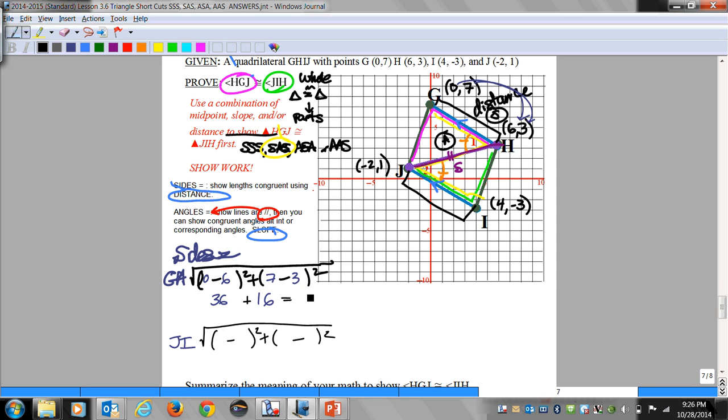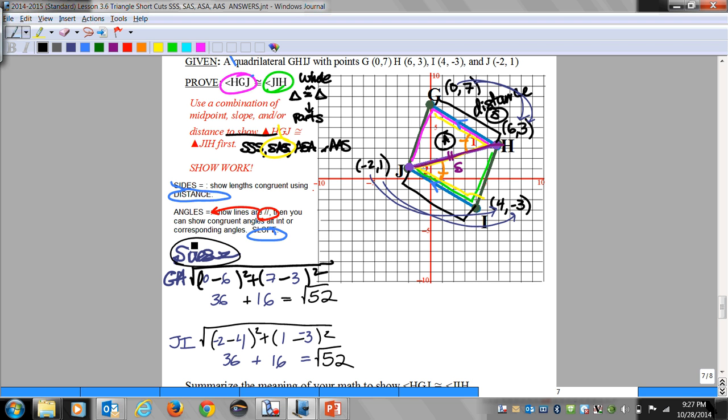So my distance here is going to be the square root of 52. Now let's do JI. We're going to go negative 2 minus 4, and 1 minus negative 3. That's negative 6 squared, so that's 36, plus 4 squared, that's 16. And again, my distance is going to be the square root of 52. So behold, I just got my first pair of sides.